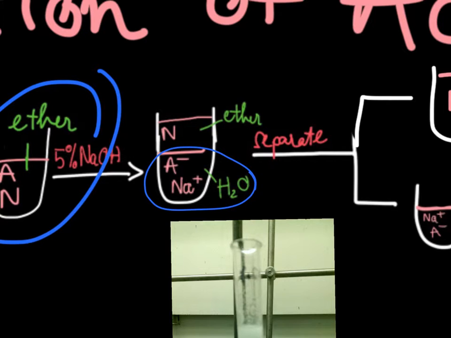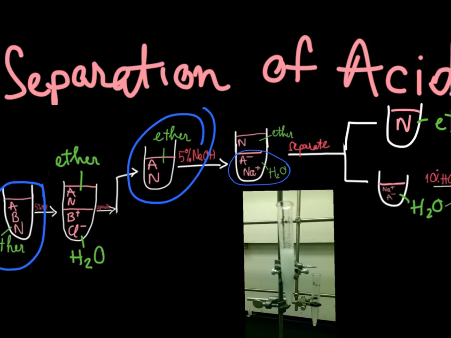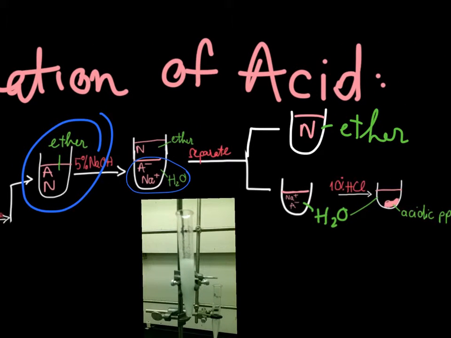So now we have two new layers: an ether layer that contains only neutral, and a water layer that contains an ionic salt that is the result of the neutralization of the acid over here.